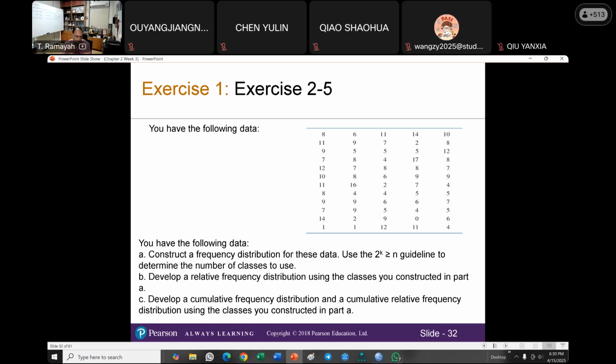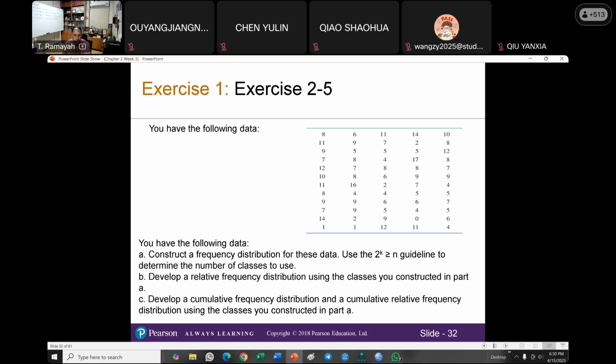We will use the rule 2 to the power of k greater than or equal to n. And then the second one, we will develop a relative frequency distribution using the number of classes you construct in A. And then the third one, we will develop a frequency distribution and a cumulative relative frequency distribution from part A. So those are the 3 questions you need to do.